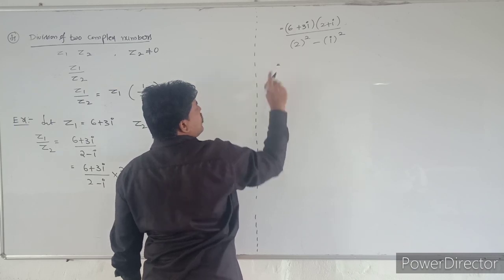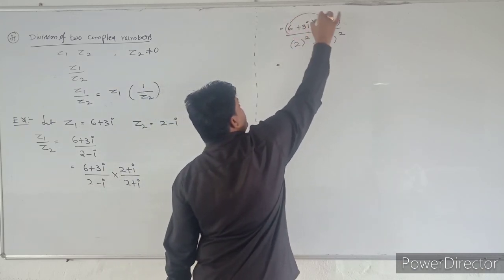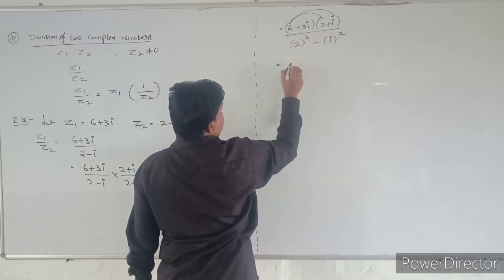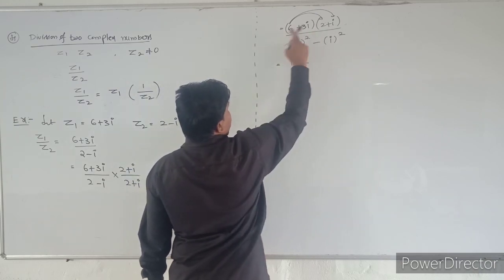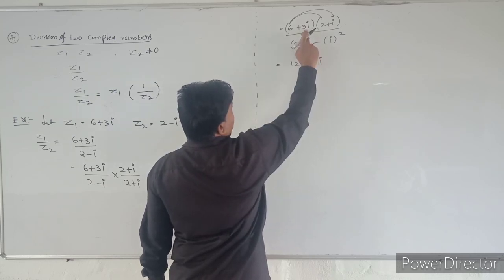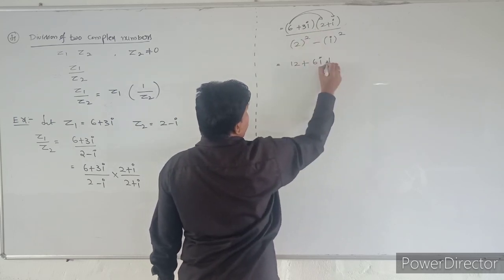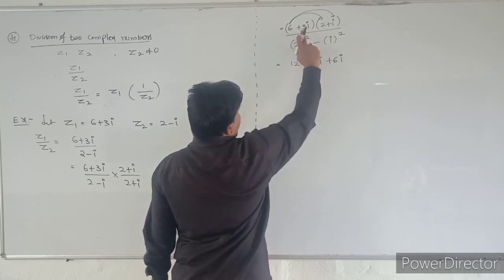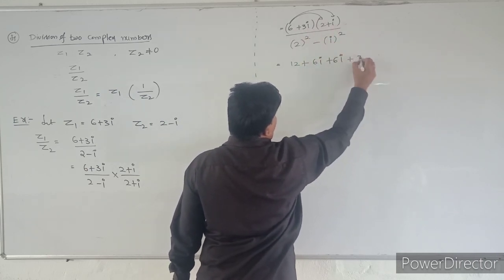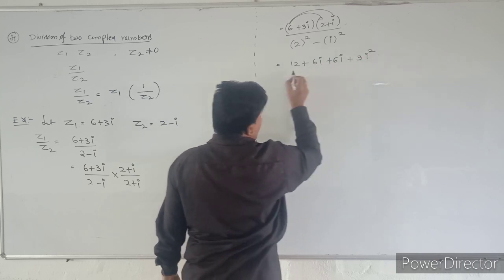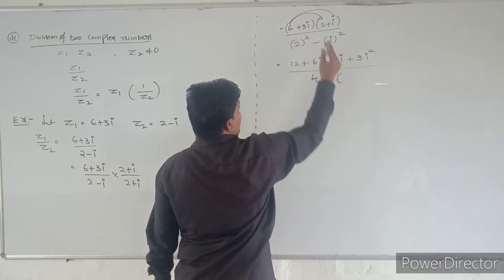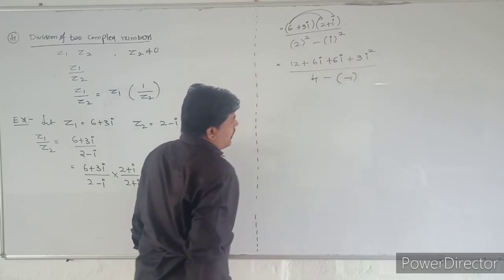In the numerator, multiplying with the 6, 6 into 2 is 12, plus 6 into i is 6i. Next multiplying with 3i, 3i into 2 is also 6i, plus 3i into i is 3i square. In the denominator, 2 square is 4 minus i square, and the value of i square is minus 1.